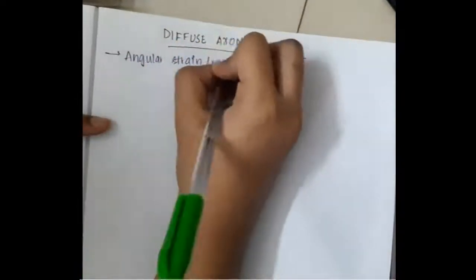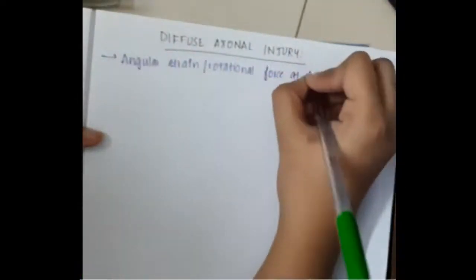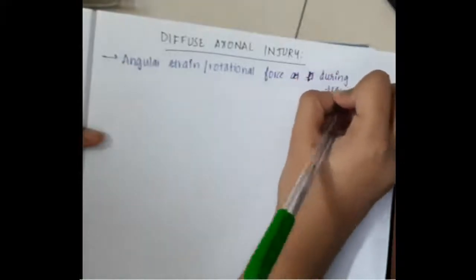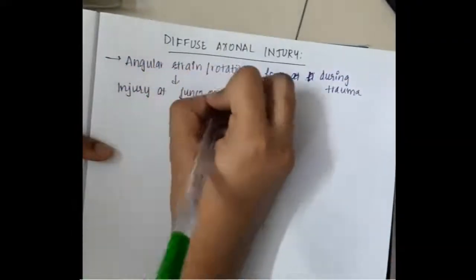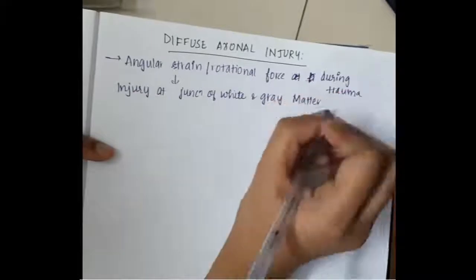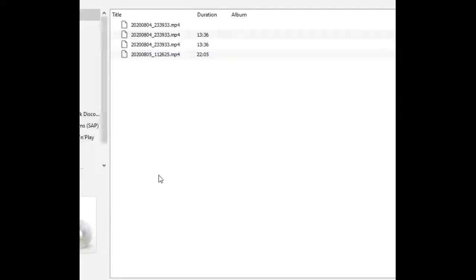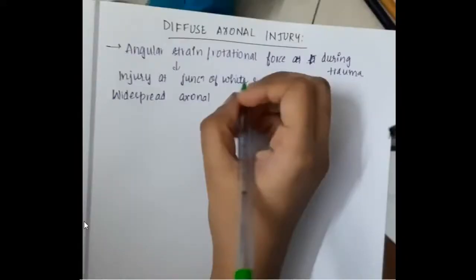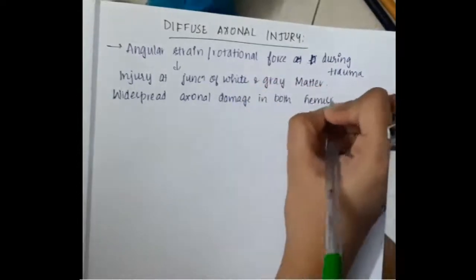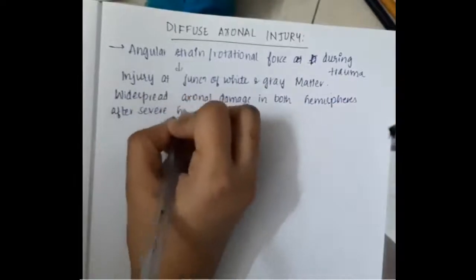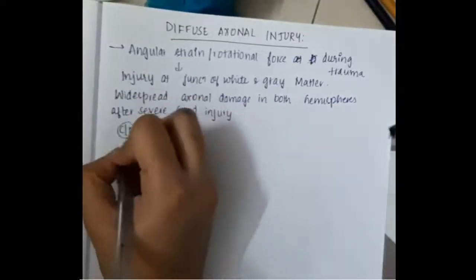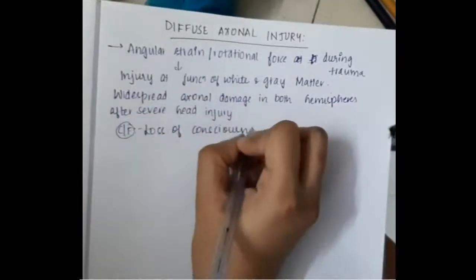Then the next important injury is diffuse axonal injury. In diffuse axonal injury, there is angular strain or forced rotation during trauma. Whenever there is angular strain or forced rotation, this will cause injury at the junction of white and grey matter. So widespread injury is seen at the junction of white and grey matter, and it also causes widespread axonal damage in both hemispheres after severe head injury.